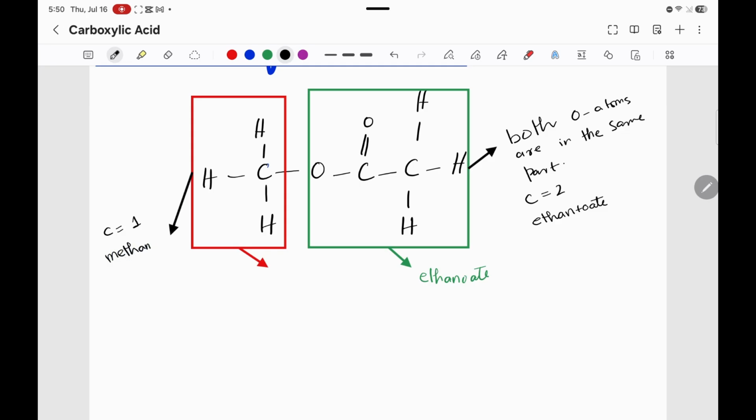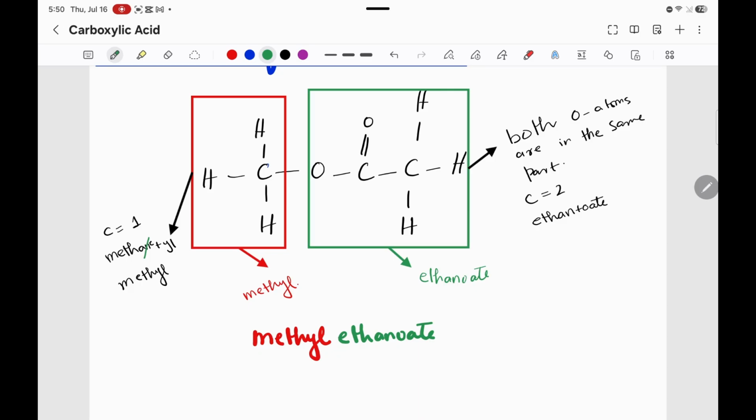I will again drop the E from here and will add IL. So we'll drop everything and this would be methyl. So the name here would be methyl. So the complete name of the ester would be methyl ethanoate.